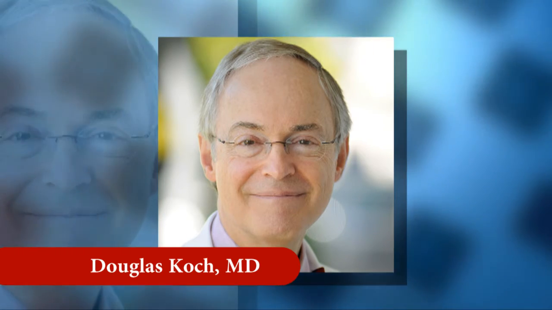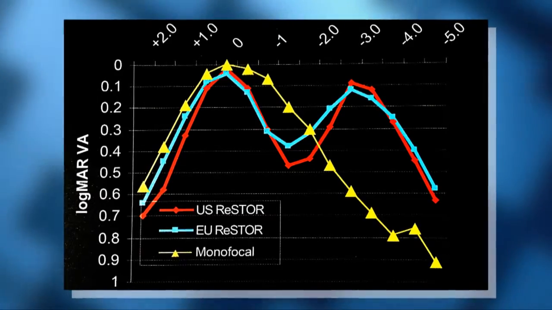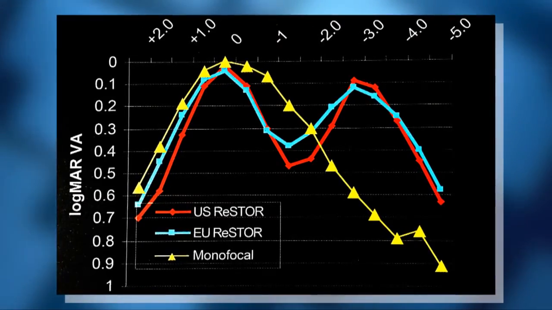The invaluable work of Dr. Douglas Koch's group has demonstrated that some residual defocus or astigmatism combined with spherical aberration may produce different outcomes depending on the balance between lower order aberrations and high order aberrations.